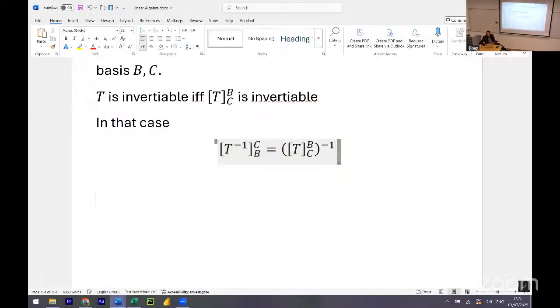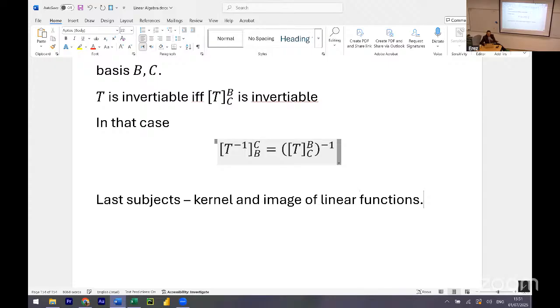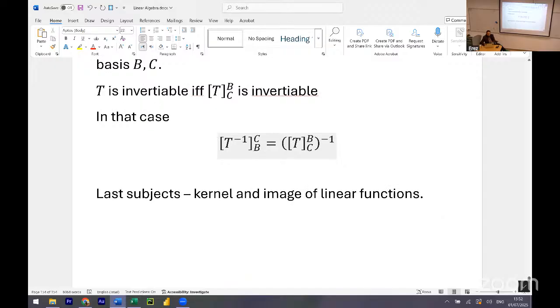So, last subjects: kernel and image of linear functions. The image of the function you already learned in discrete mathematics, it's the same here. Kernel is supposed to be a new thing. I'll remind you of it anyway.